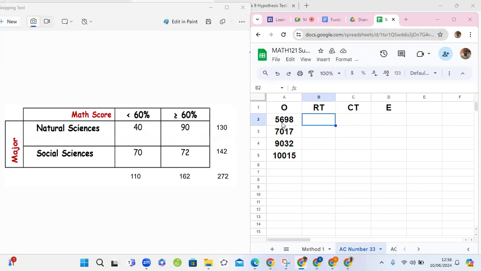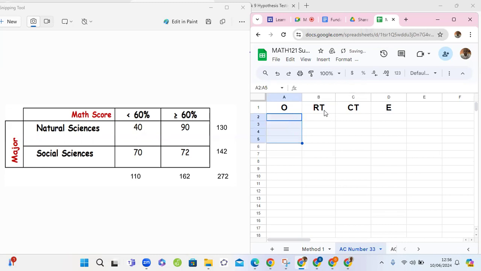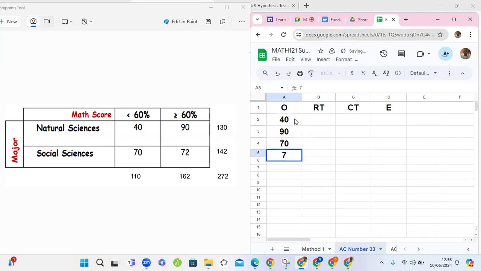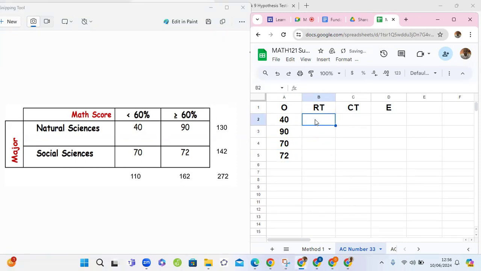Now, as you can see, each observed value has its own row total and column total. So let me make a list of the observed values: 40, 90, 70, and 72. So these are the observed values. Now we have to calculate the expected values. So we need the row totals and the column totals.